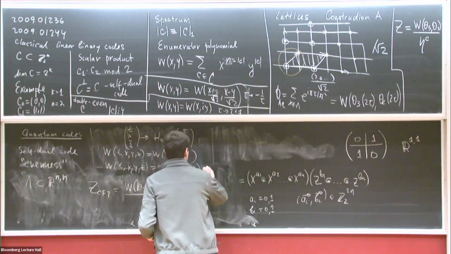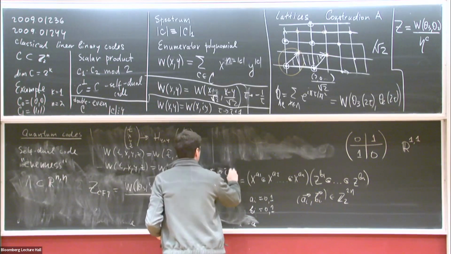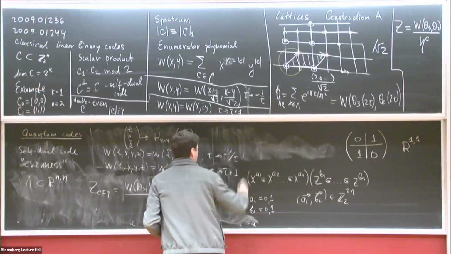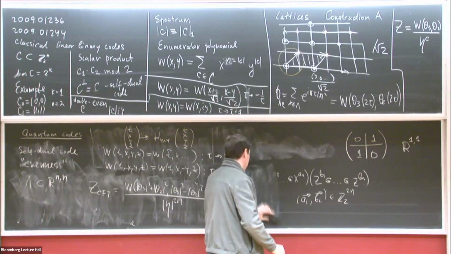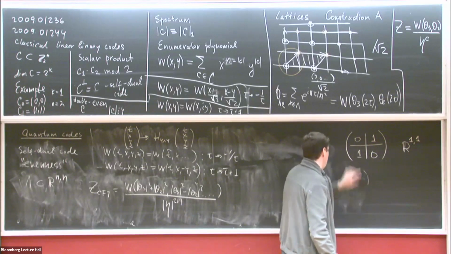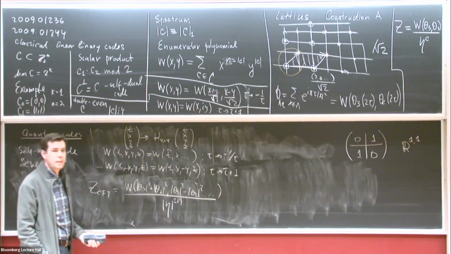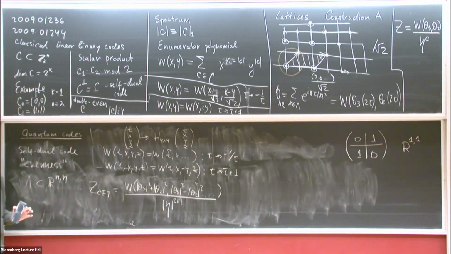This corresponds to tau into tau plus 1, and this corresponds to tau into minus 1 over tau. I'm going out of time. Any questions about this? So this is an old story, which I already spoke about.